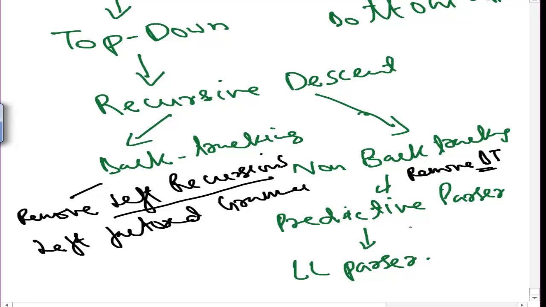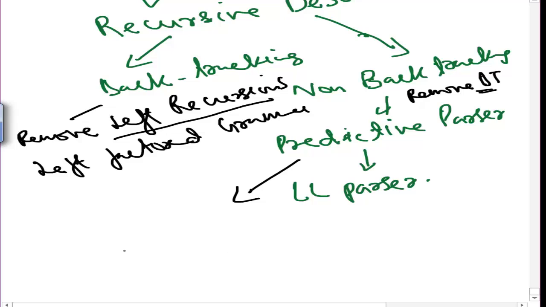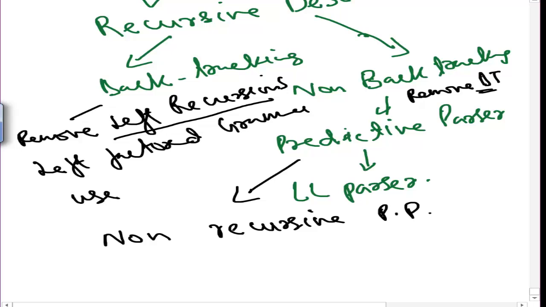With a predictive parser, we can then use the non-recursive predictive parsers, where we use tables, and basically we remove the recursion. So this is a broad picture. We will come back to it time and again.